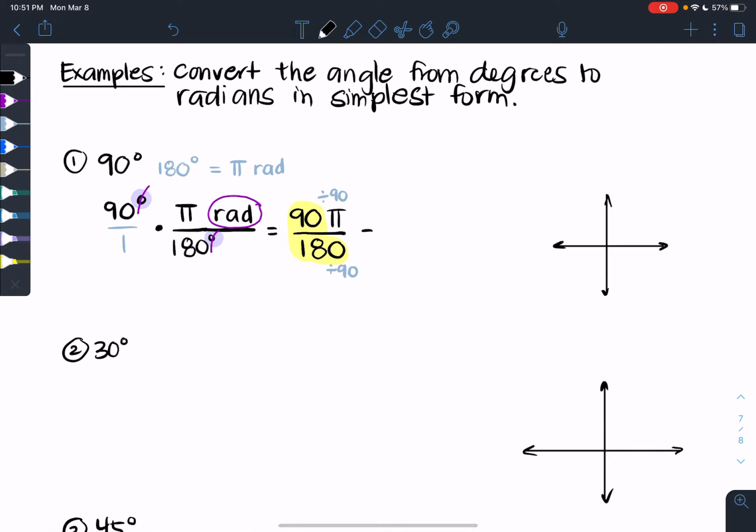So 90 divided by 90 gives us 1 times pi in our numerator, and 180 divided by 90 gives us 2 in our denominator. Now, having 1 times anything is quite redundant, so this is the same thing as pi over 2 radians.